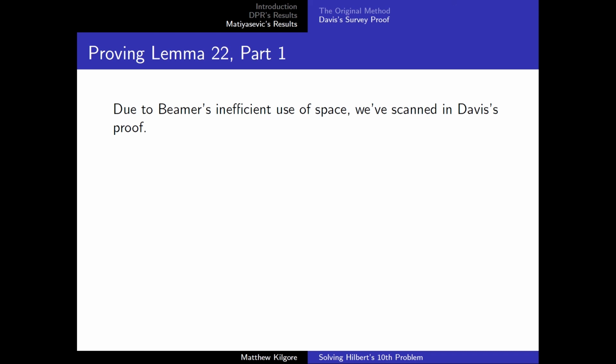Of course, the only thing to blame was Beamer, and absolutely not my ability to adapt the proof to slides. Either way, to get around this, I've done the unthinkable and scanned in the paper's proof as an image file and put it in Writer. Now, it doesn't look as good, and I do apologize for that, but it's at least not 10 slides.